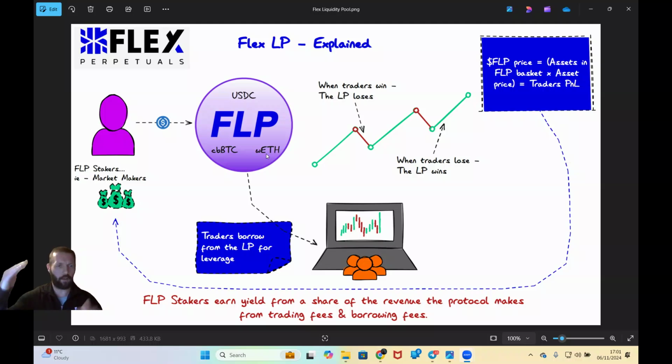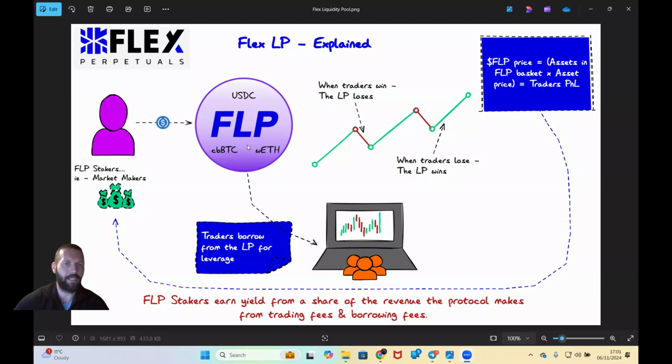Whatever the markets are doing, if Bitcoin and Ethereum are going up, then the value of FLP will likely be going up as well, and vice versa. If they're going down, then the value of FLP will likely be going down as well. But because 55% of the token is made up of USDC, it smooths out a lot of the volatility that you would normally experience if you were just holding BTC or just holding ETH.